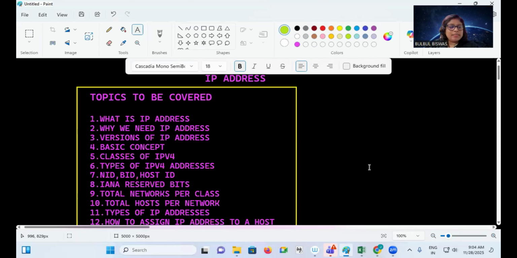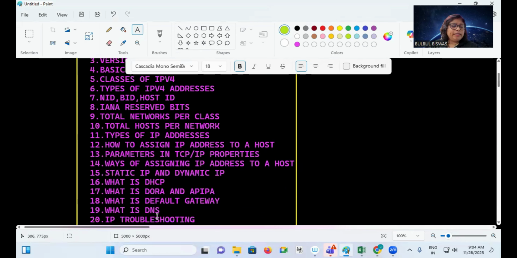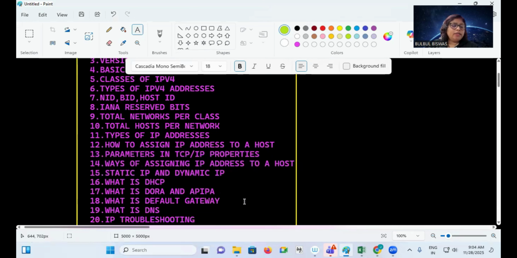This is the basic concept of IP. Of course, later on I'll come up with the subnetting part. Once I go for the CCNA series, then I will go for the subnetting part. The basic things I'm going to cover, you can see I have listed down 20 topics about this IP address. All those areas will be cleared gradually.